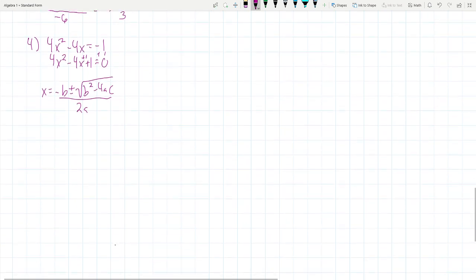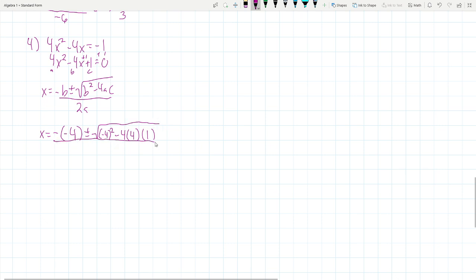Okay. Now I need to plug in values. This is my a, this is my b, this is my c. Okay. So x equals negative, my b is negative 4, plus or minus the square root of b squared, so negative 4 squared minus 4 times my a value, which is 4, times my c value, which is 1.